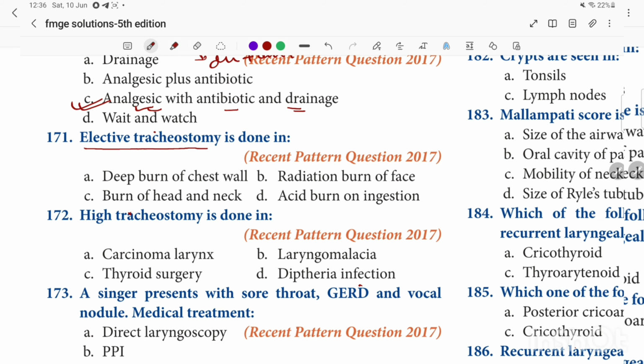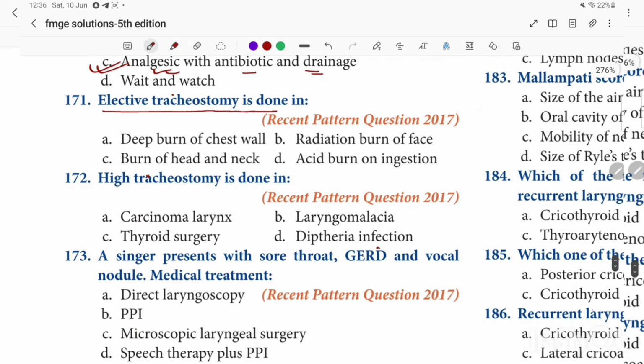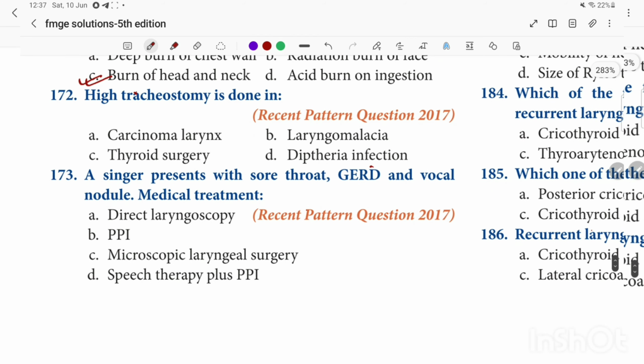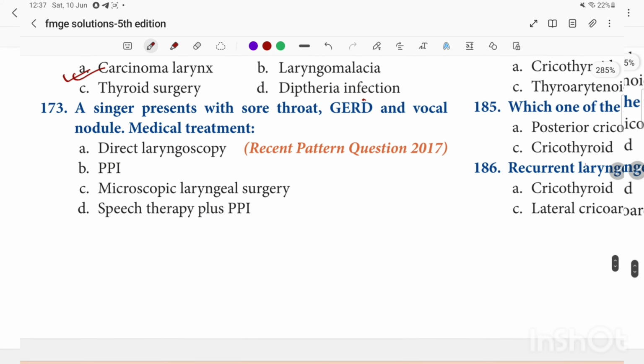Elective tracheostomy is done in burns of the head and neck. High tracheostomy is done in carcinoma of larynx.